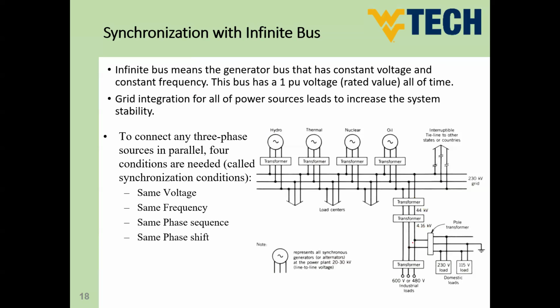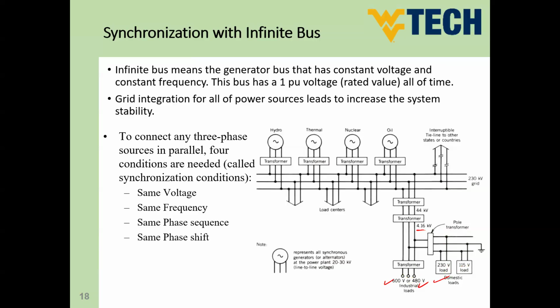So this would be the end of the distribution at this voltage magnitude, 4.16 kilovolt. After the 4.16 kilovolt, you would have a final transformer, which is going to convert the voltage to three-phase 230 volt and single-phase 115. So this is going to be the domestic loads, for instance. And you would have some other voltage levels for the industrial loads like 600 volt or 480 volt. So these are the different types of voltage levels you may find.